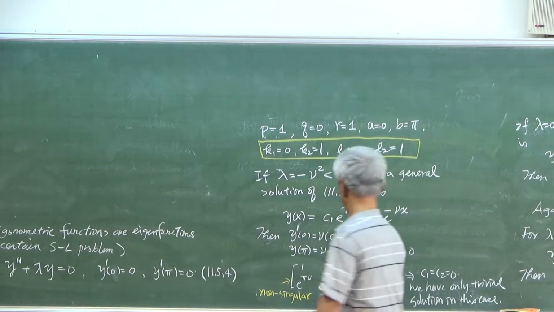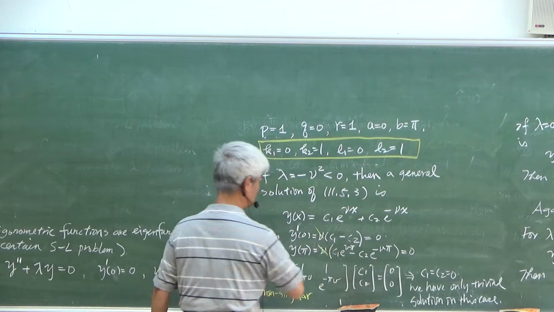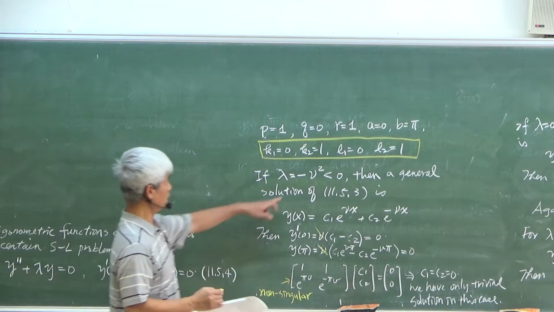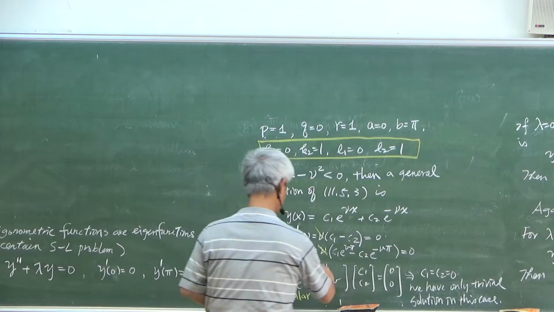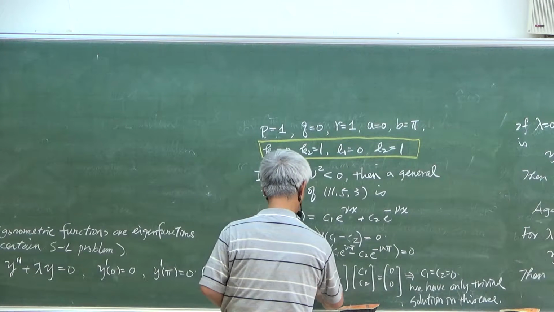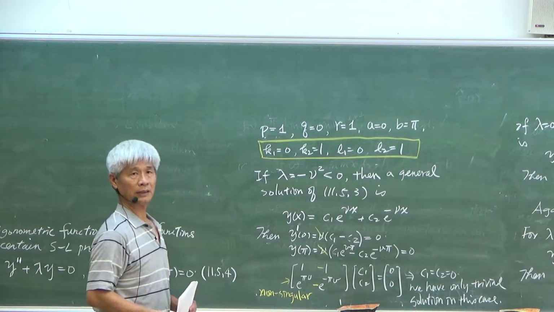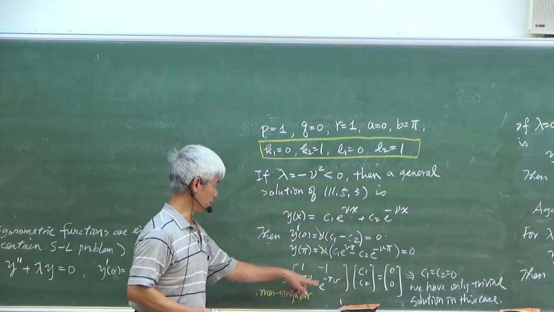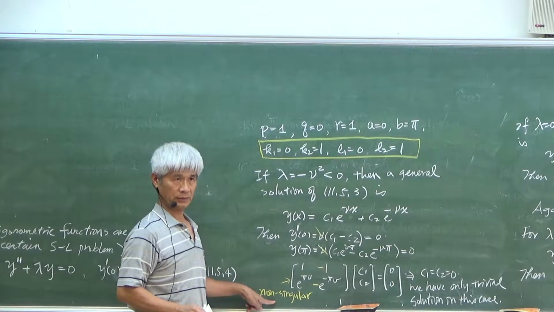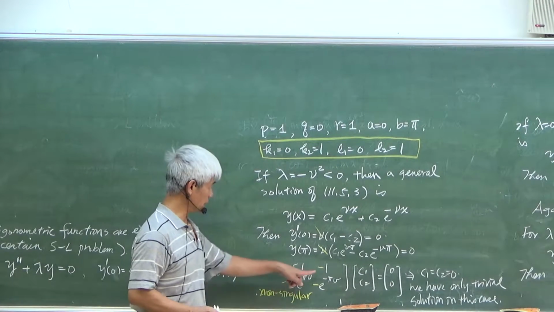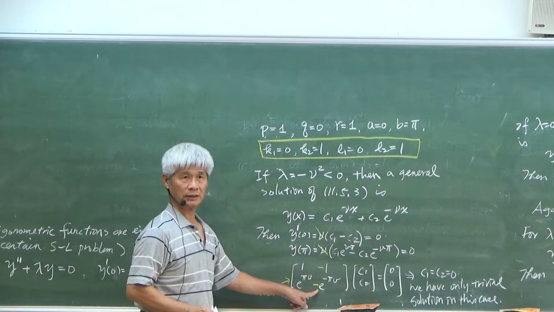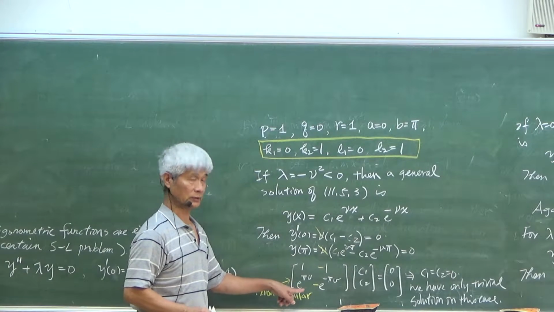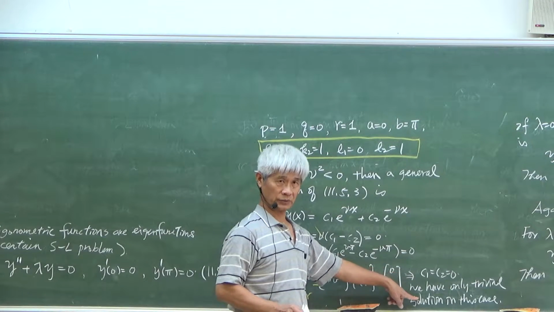Now we can eliminate the mu because mu is positive, so we have the minus here and the minus here. Once again, this matrix is also non-singular, even if I change this to minus 1. It is still non-singular, so we have only the trivial solution.